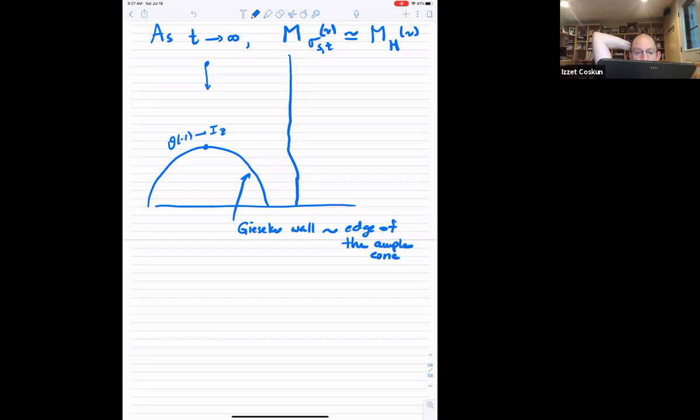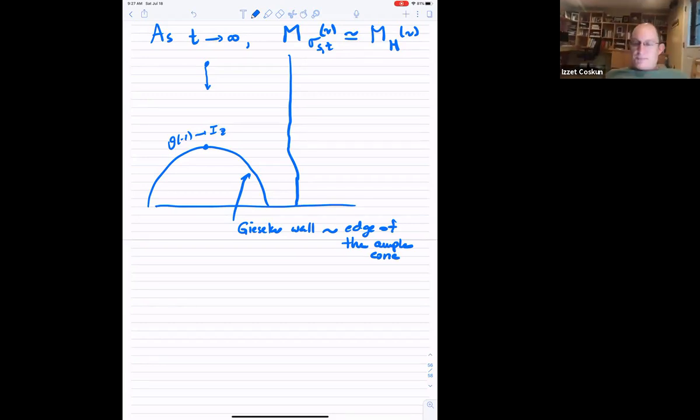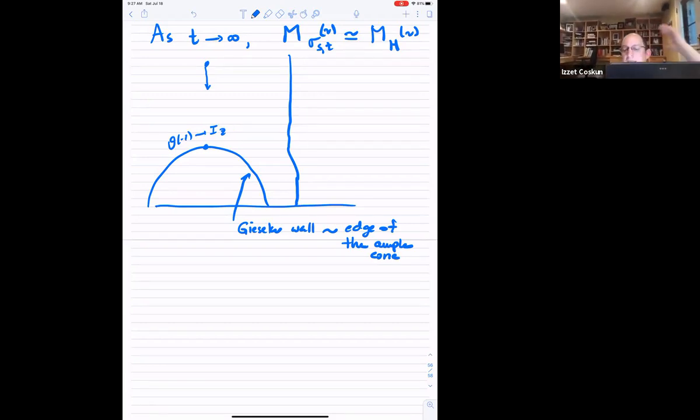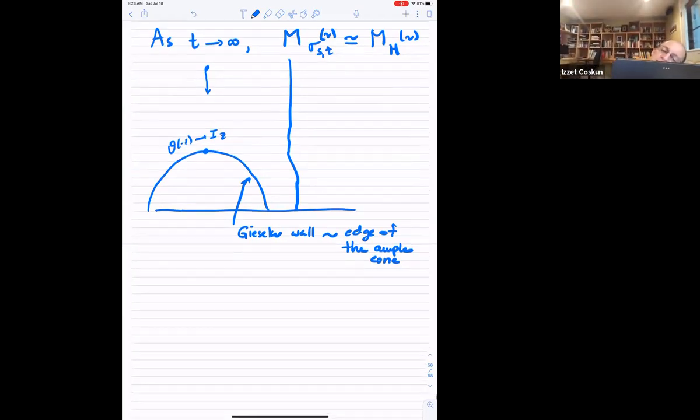You can make this precise: it indeed corresponds to the edge of the ample cone. There is a nef divisor constructed by Bayer-Macrì that tells you what is going to happen.